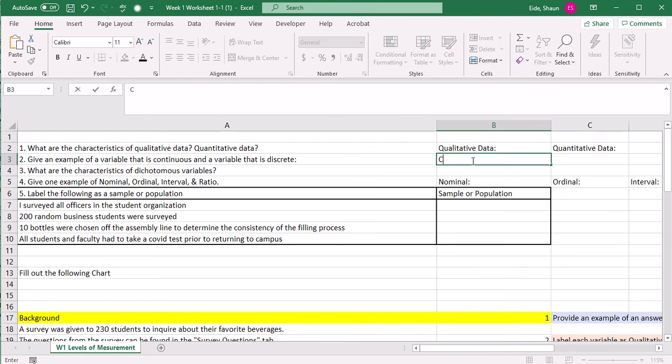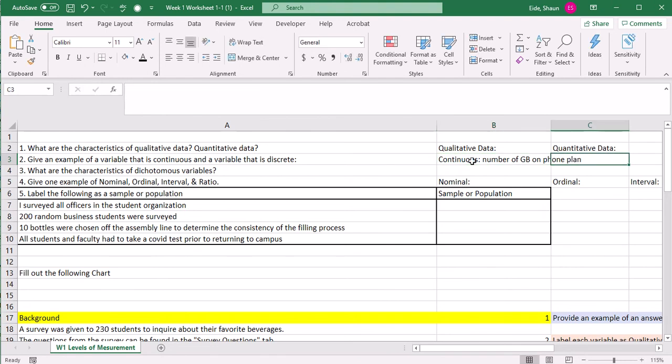So right here you would put an example of a continuous variable. Maybe I'll give you an example really quick. An example of continuous data is number of gigabytes used on a phone plan, because you can have 1.25 gigabytes used on your phone plan.